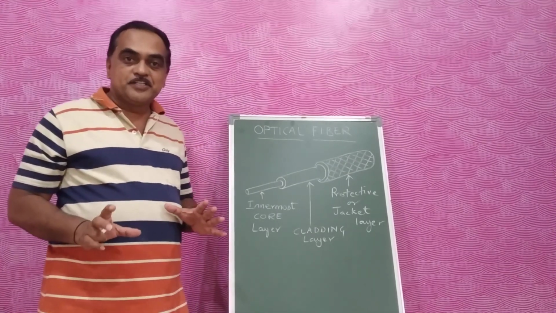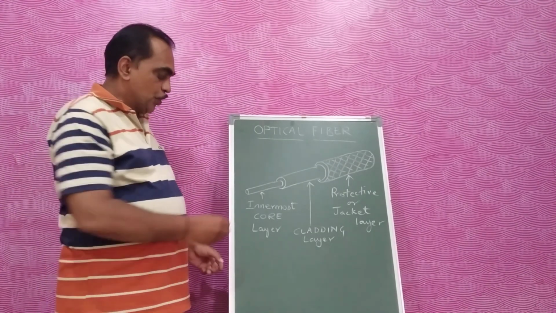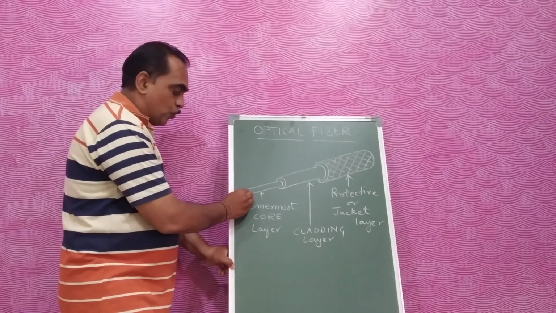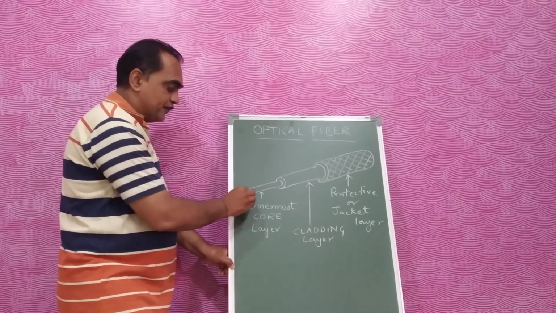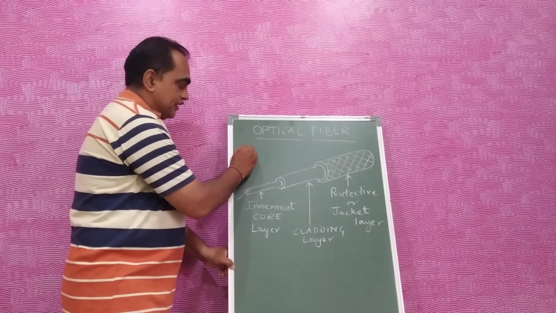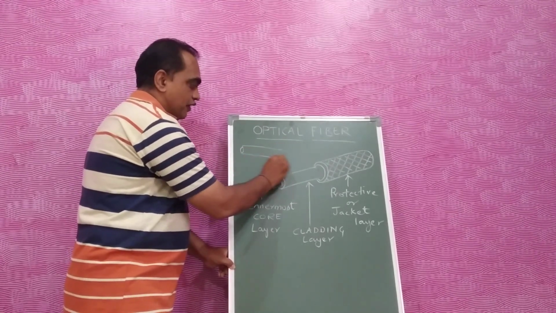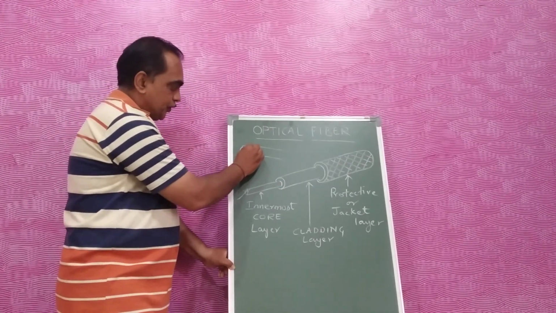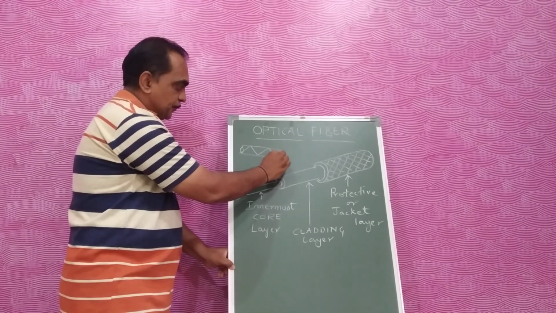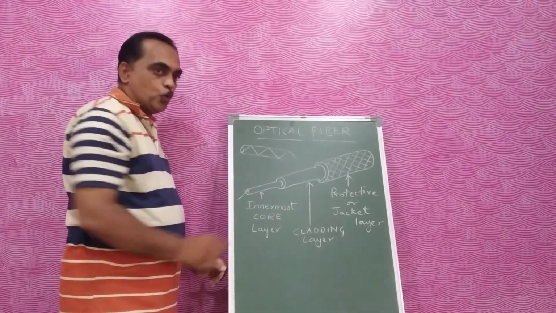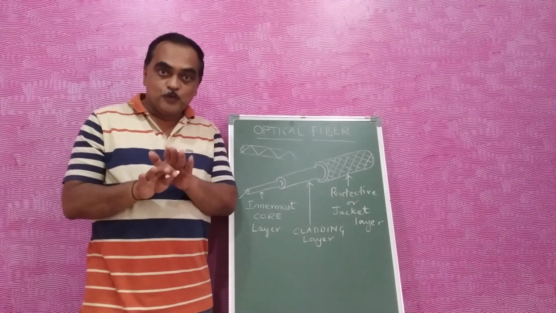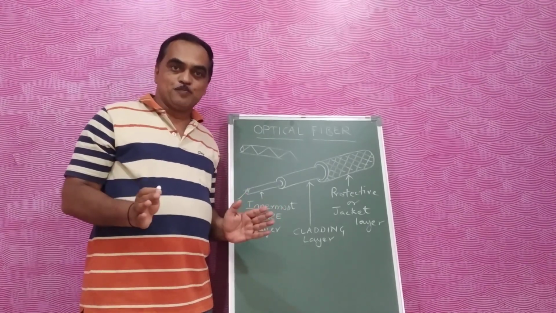With this condition, whatever light goes into the core material will follow total internal reflection. It will go in the core material only. It will not come out of the core material.